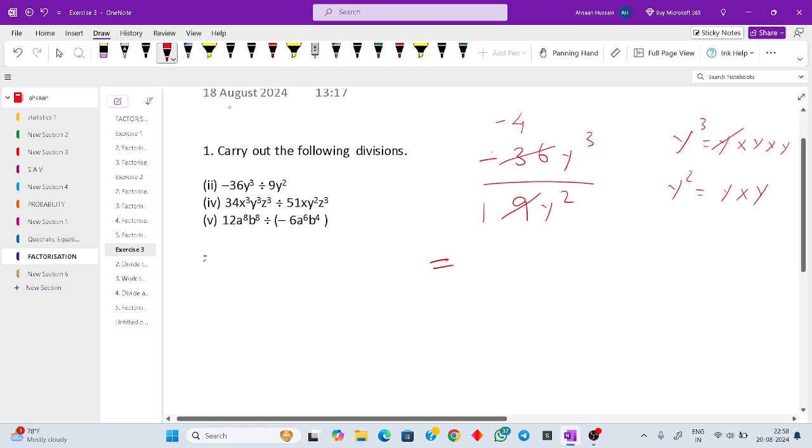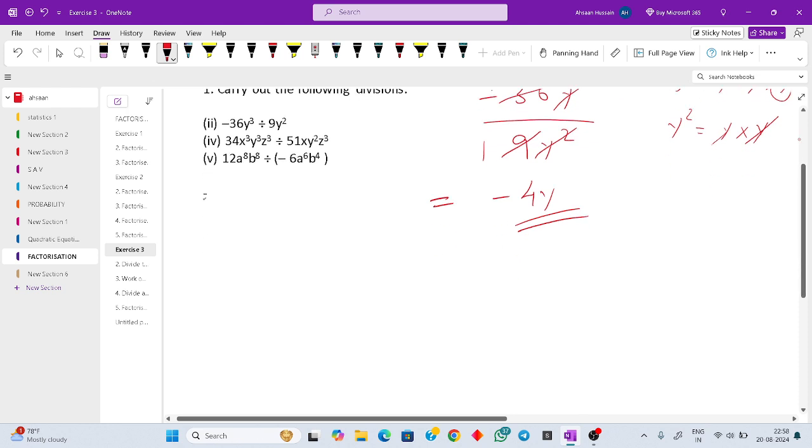So upon cancelling, there will be only one y left in the numerator. So we'll cancel these two and just write one y at the numerator. The answer will be minus 4y.